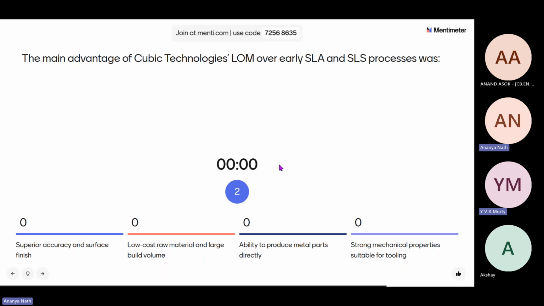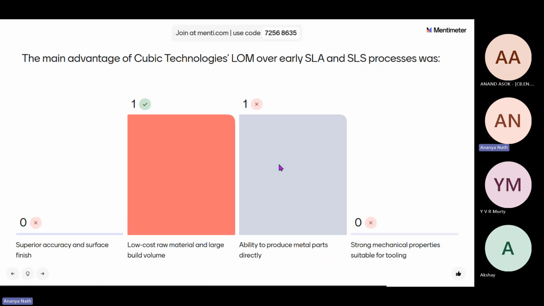Main advantage of LOM over early SLA and SLS. The low cost raw material and large build volume. Why is it written early SLA and SLS? Because these days SLS can also produce very large parts. That's why it's written early SLS. But anyway, the low cost material is always a big advantage of sheet lamination for any demonstration or rapid prototyping.